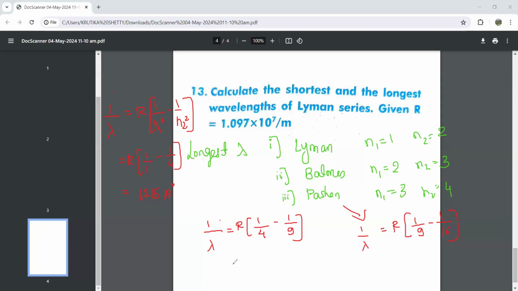So for the Balmer series, here the LCM will be 36. So simplify. Balmer series and the Passion series. 2 students go for Passion calculation, 2 students go for Balmer calculation, so that both the answers we will confirm here.